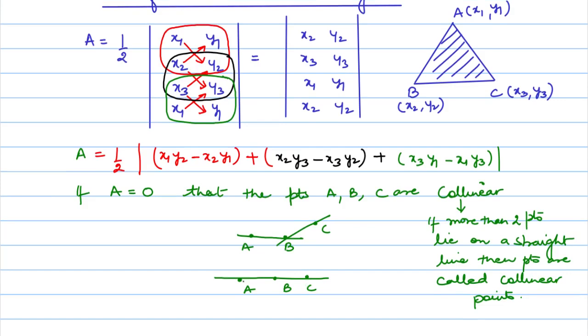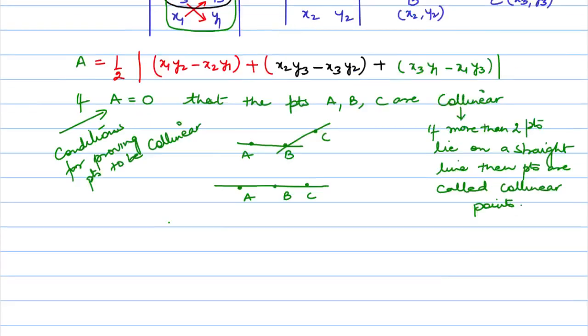Two points will always be collinear, so we have to think of the case when there are more than two points. If more than two points lie on a straight line, then these points are called collinear, and the area formed by them would be 0. So this is one of the conditions for proving points to be collinear. If we have to prove three points collinear, we should show that their area is 0. Simple.